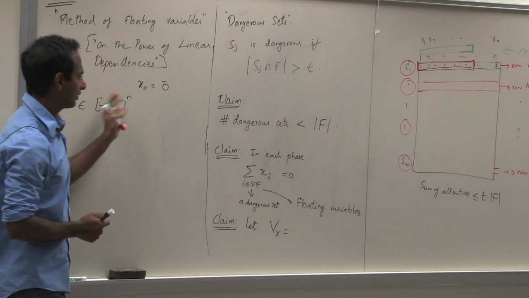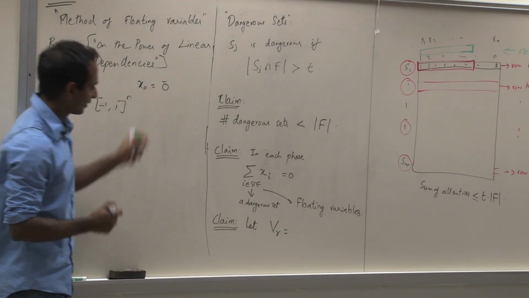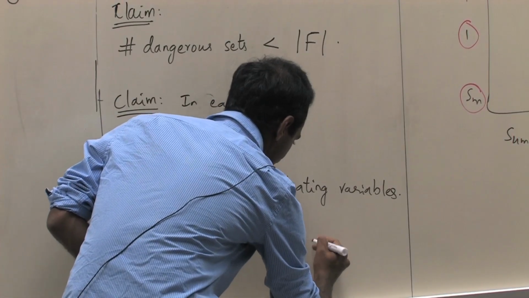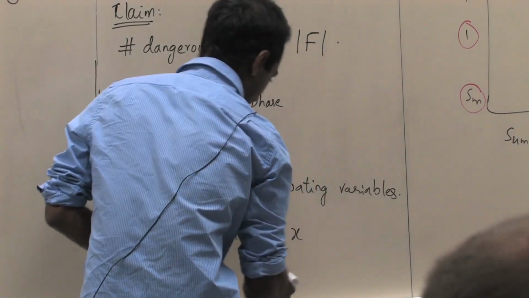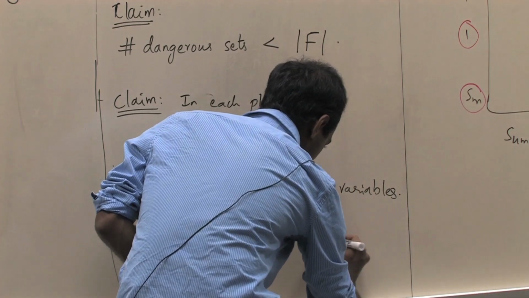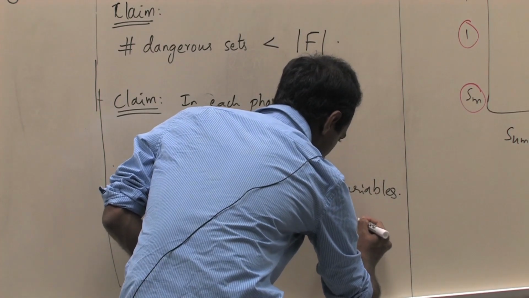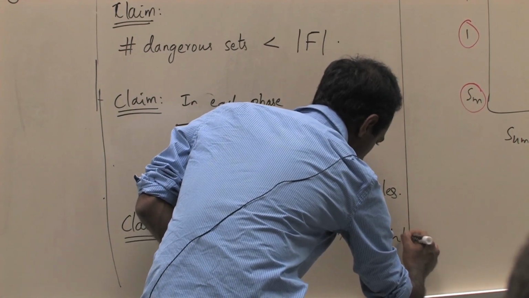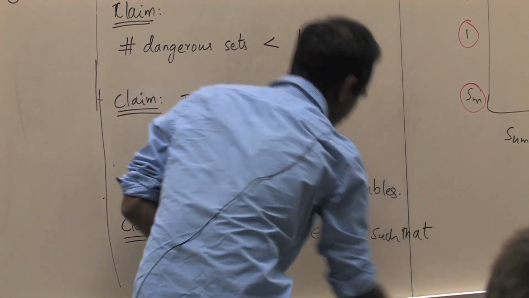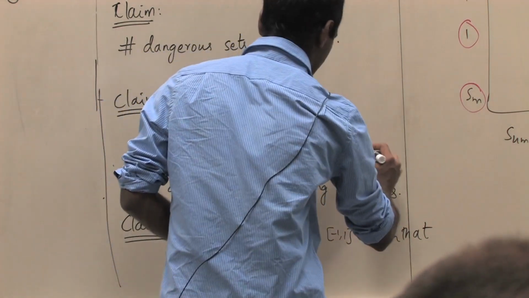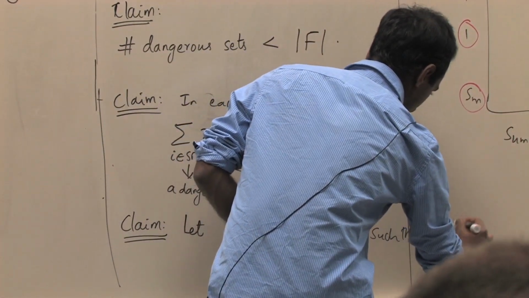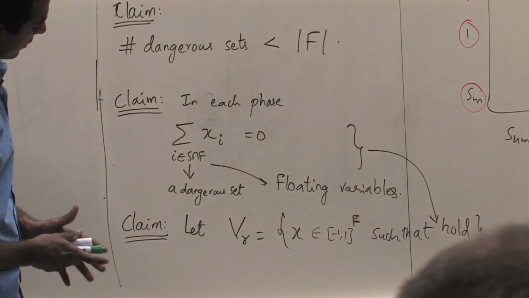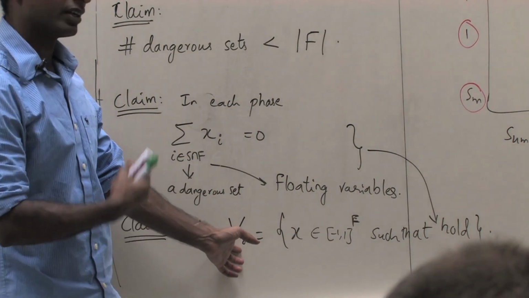So, we are in phase R, phase 0 is when you started, and I want to let VR denote all x. Okay. So, I am going to work in a subset VR.